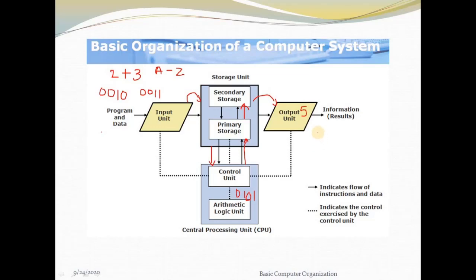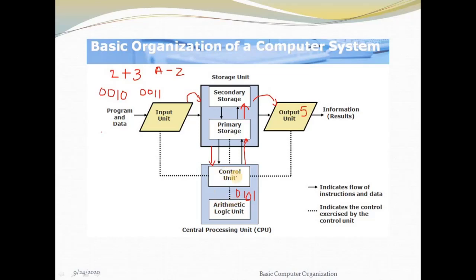If you observe, the output unit performs exactly the reverse operation of the input device. The input device takes the raw data and converts this high level language or human readable data into machine understandable language, and then passes this data for processing.